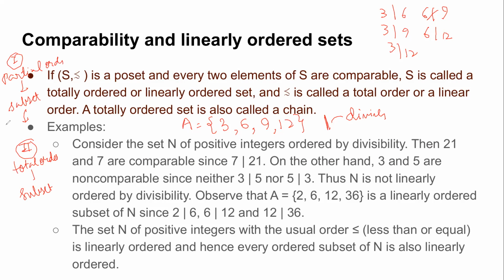You cannot guarantee, because in a partial order we don't know whether every element is related to every other element, so there is no guarantee on its subset either. But if I have a total order, can I guarantee that its subset will also be a total order? It is guaranteed, because if all elements are related to each other, its subsets will also be. This is a quite useful property.